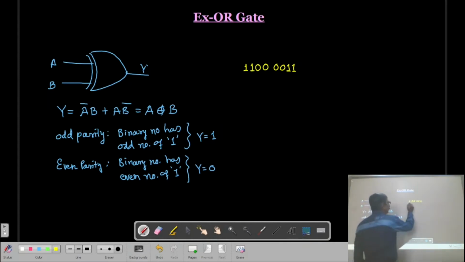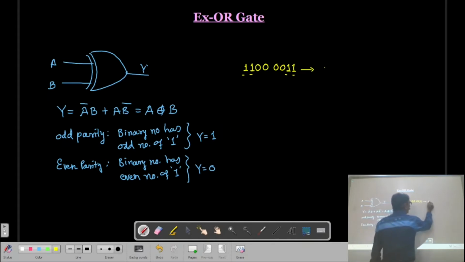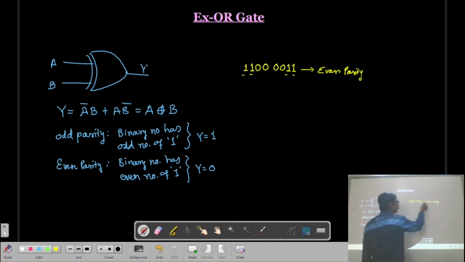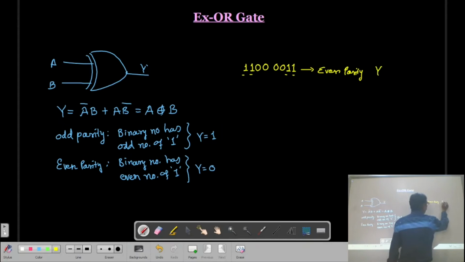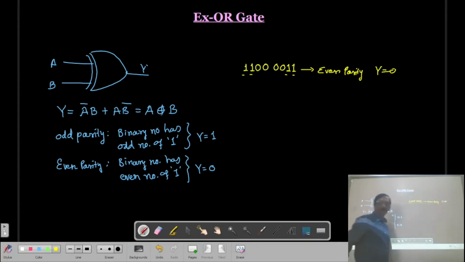And here you can count 1, 2, 3, 4. So it has an even parity. So if it is given to the exclusive OR gate, then the output of this exclusive OR gate will always be 0.